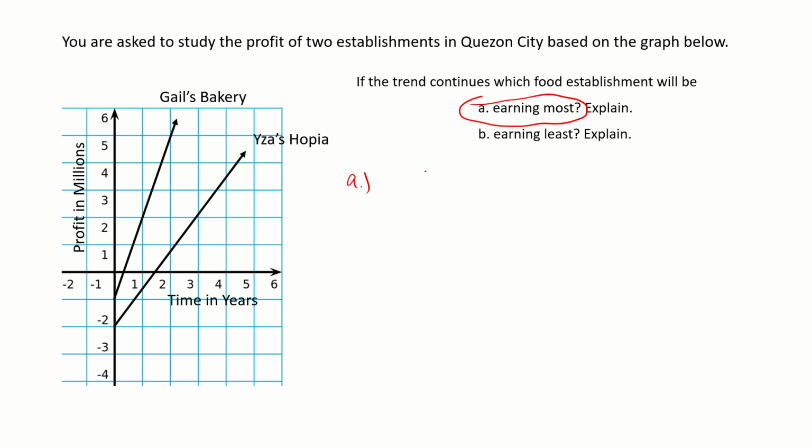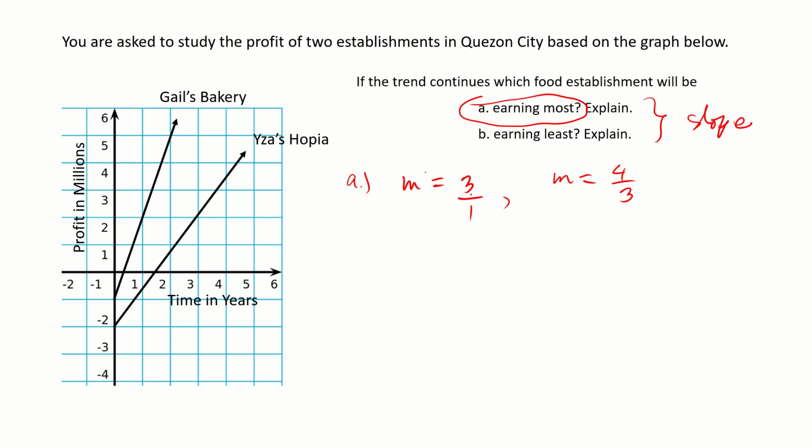Your basis would be the slope, because the slope will tell you how much they earn in every year. So for example, for Gale's Bakery, if you remember, the slope is 3, and for Isa's Hopia, the slope is 4/3.